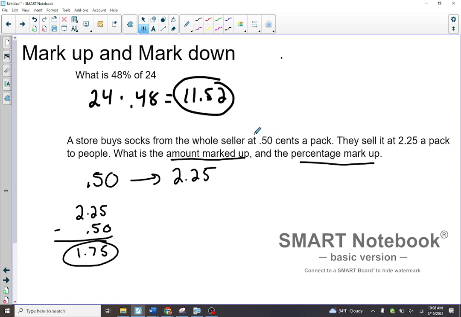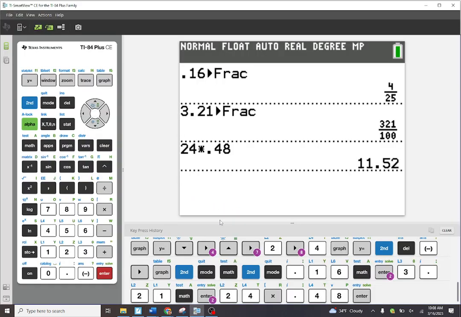So what is their percentage based off what they invest? So what we're going to do is we're going to do 1.75 and we're going to divide it by our initial amount. How much did we pay for it? 50 cents. So we do 1.75 divided by 0.50. That's 3.5.